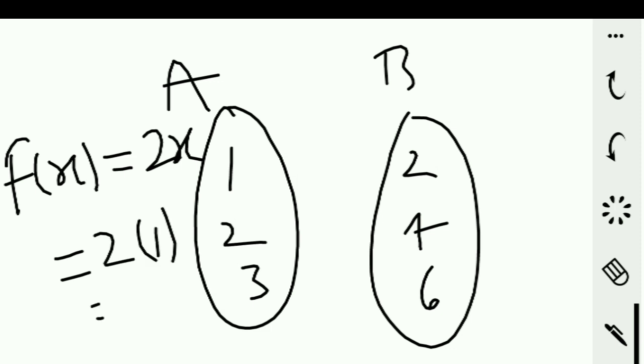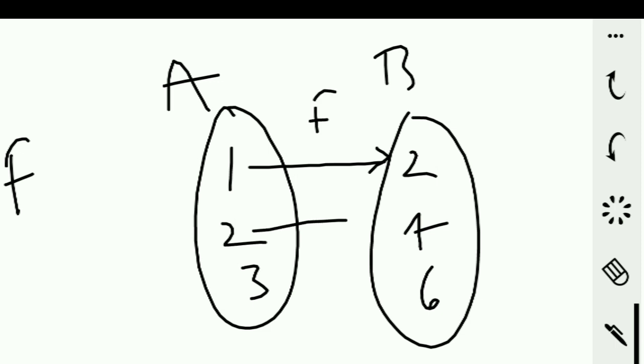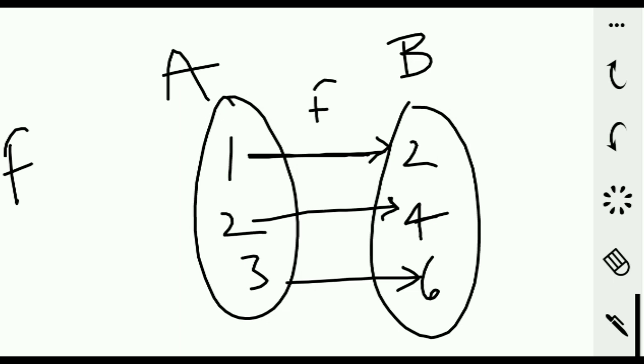For example, for 1 we will get 2, and for 2 we will get 4 because of the function. So the mapping of 1 because of the function f will be with 2, and of 2 with 4, and of 3 with 6. So this is a mapping because of the function f. Now let's see the concept of image and pre-image.